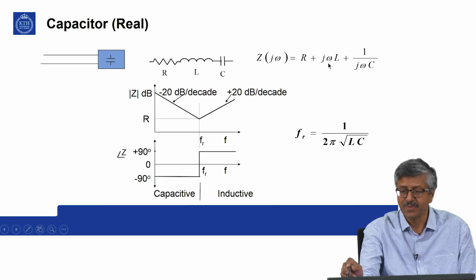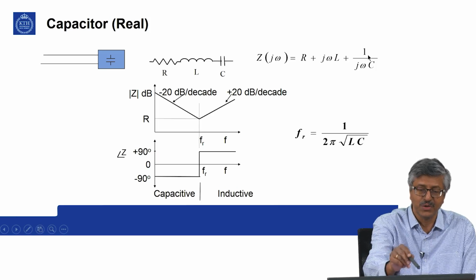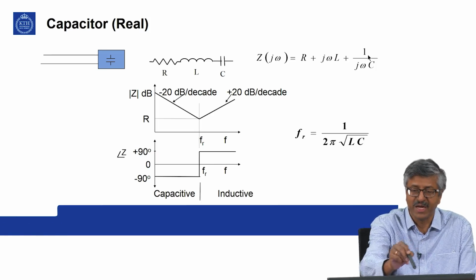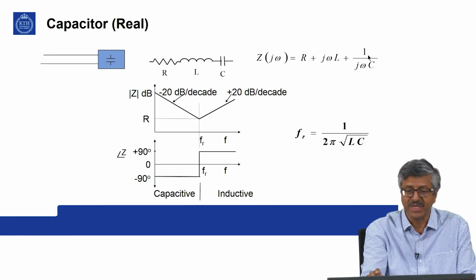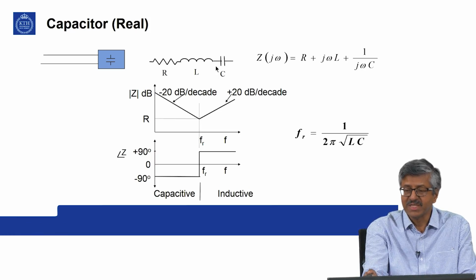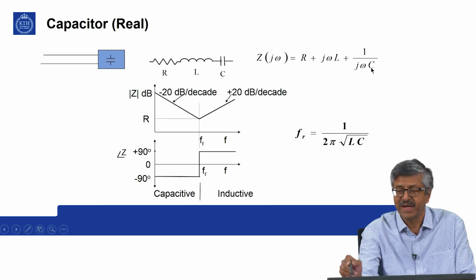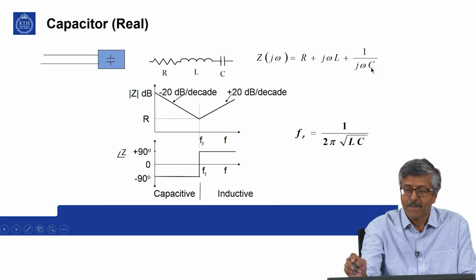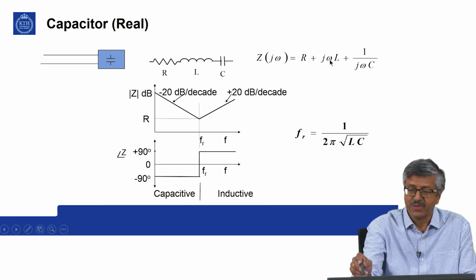This part is 0, and this part is infinity at omega equal to 0, idealized. So you assume you are coming down from very high impedance for the capacitor at DC, because DC is completely blocked by the capacitor. Then as the frequency is increased, this becomes a finite value, but since the frequency is small, this is a high number compared to j omega L. This is still small and R is kind of constant.